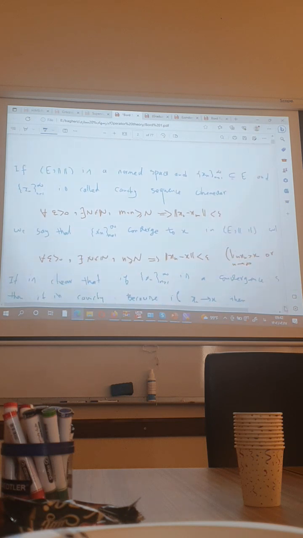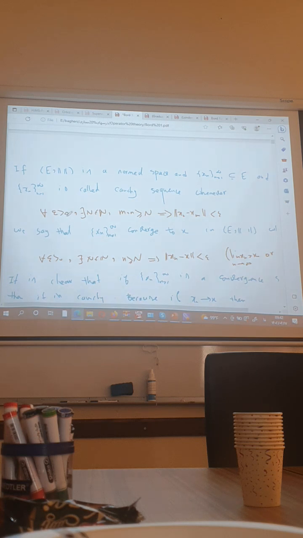This is the Cauchy sequence. If E with this function norm is a normed space and xn is a sequence in E, okay? In normed space, xn is called a Cauchy sequence whenever we have this property for any epsilon.